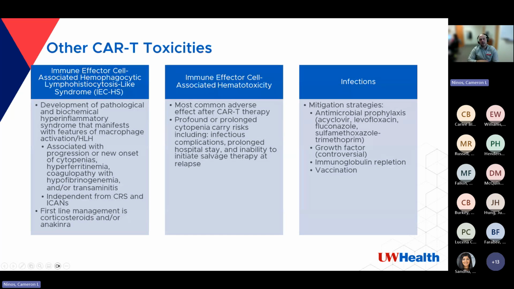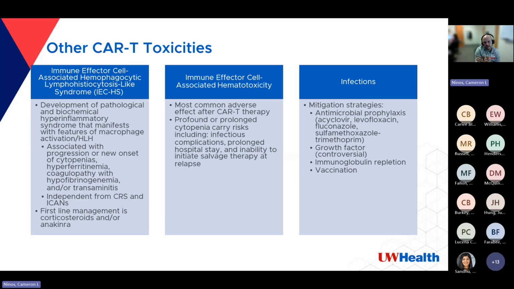Thinking about other CAR T toxicities, just briefly, these are the ones I mentioned earlier. We have had some really challenging cases of immune effector cell-associated hemophagocytic lymphohistiocytosis-like syndrome, otherwise known as IEC-HS, so like CAR T-associated HLH. So this is a hyperinflammatory syndrome. It's associated with cytopenias, elevated ferritin, and coagulopathy, along with a wealth of other complications.